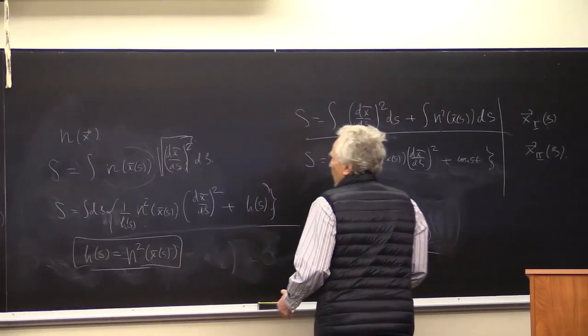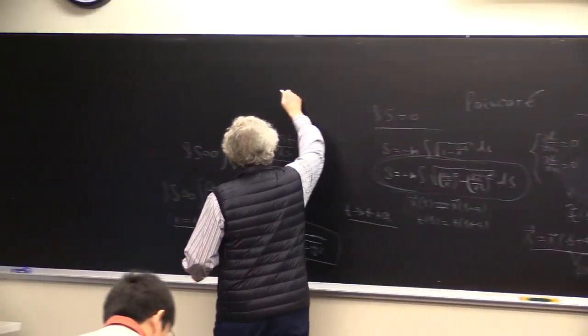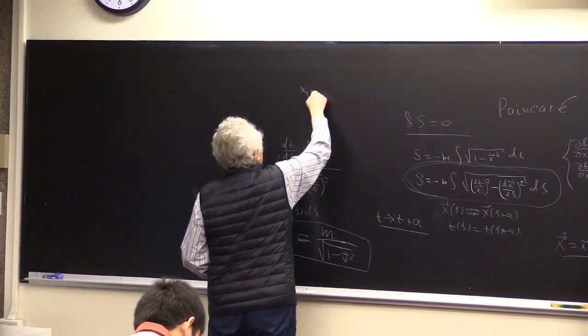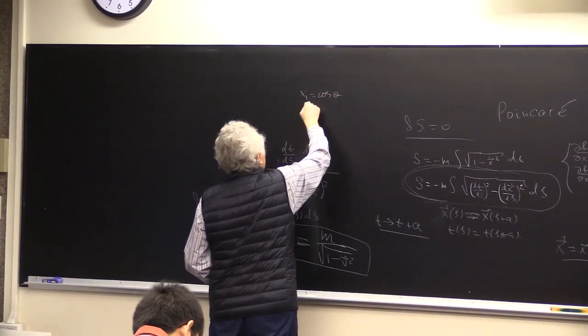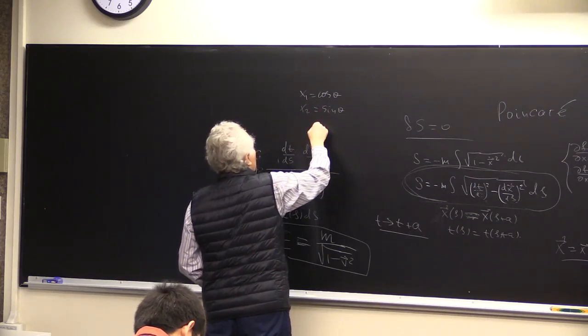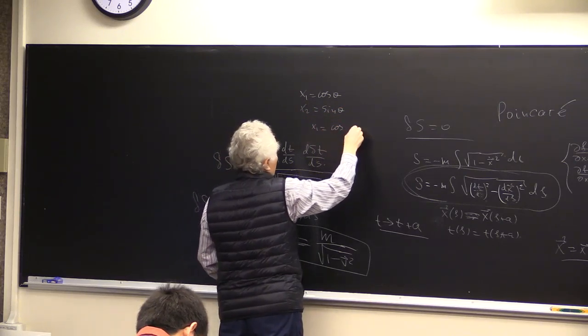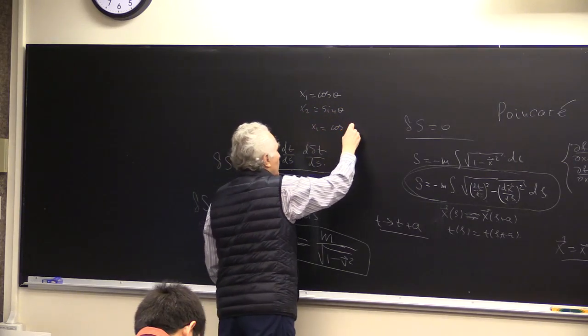It's like I gave you this example in one of the first lectures. When you have a circle, you can write it down as cosine theta, sine theta, but you also can write it down as a totally different function. So, for example, theta square.